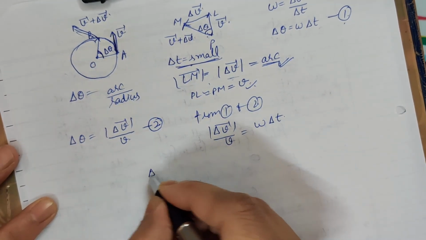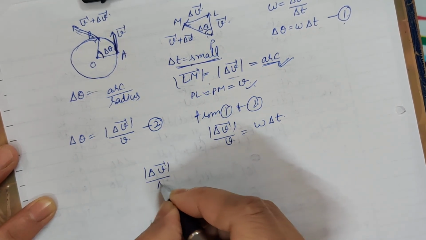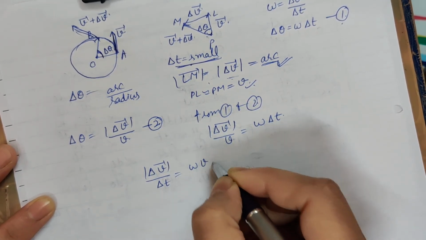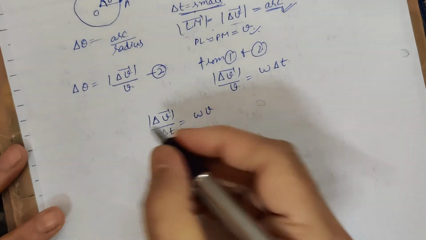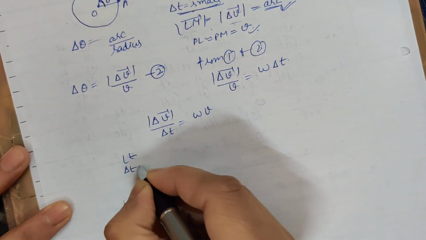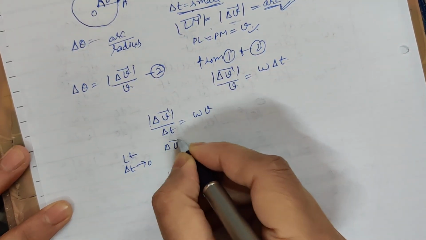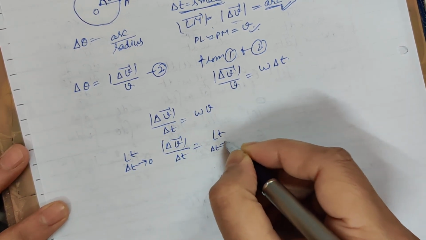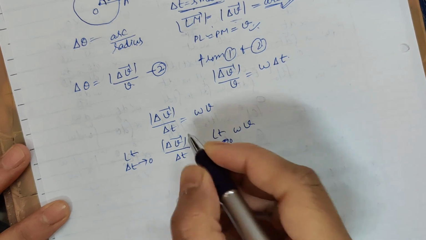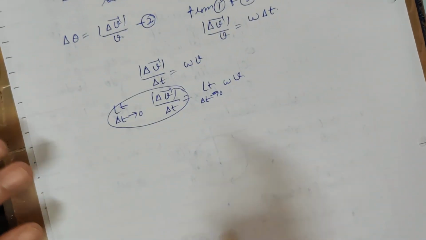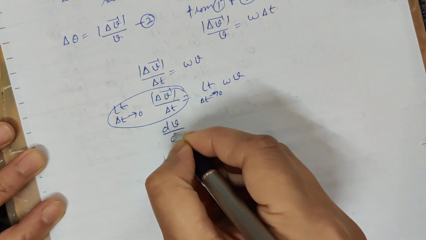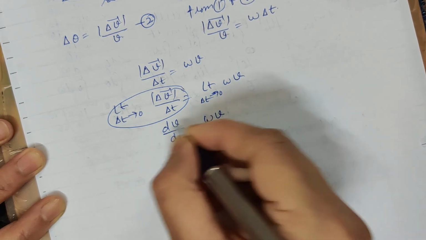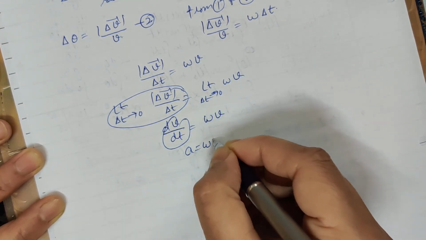And we consider delta v upon delta t equal to omega v, and when we take the limit delta t approaches 0, delta v upon delta t becomes omega v. We write this as dv upon dt equal to omega v, and this is called the acceleration, omega v.